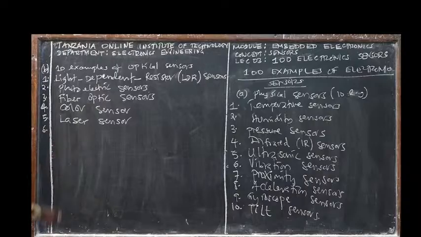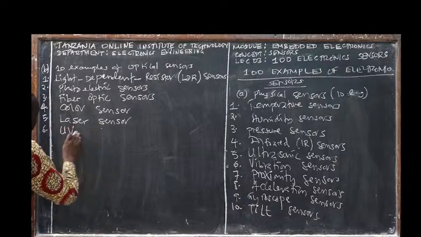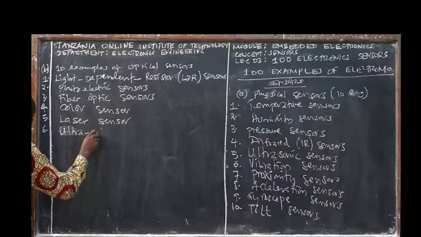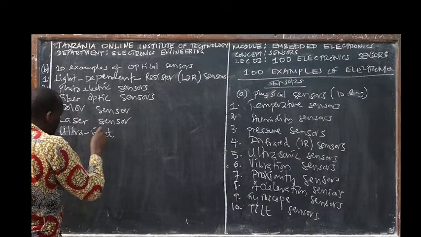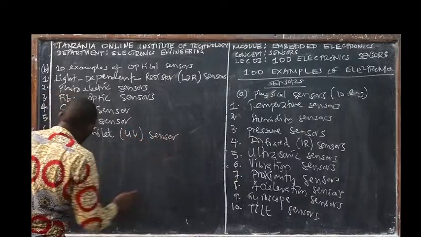Ni aina ya mwanga mwekundu fulani. Sawa? Then the next optical sensor is called the UV, ultraviolet. Say ultraviolet or UV sensor.